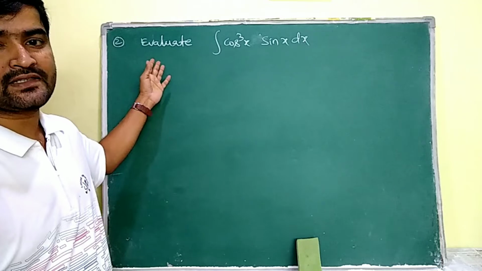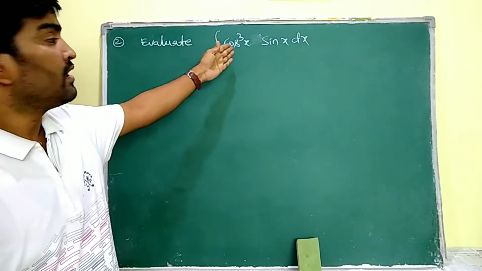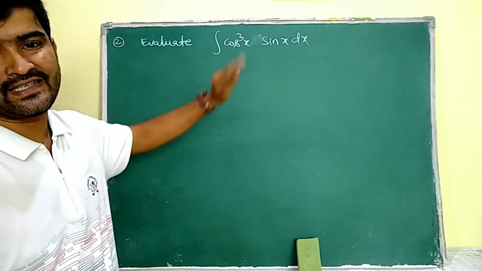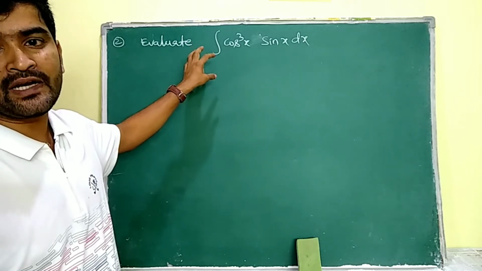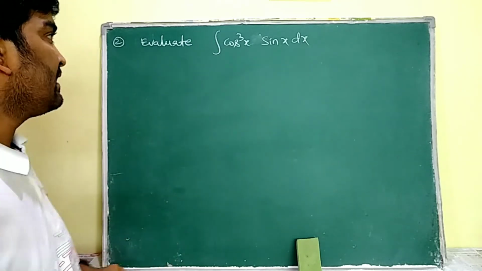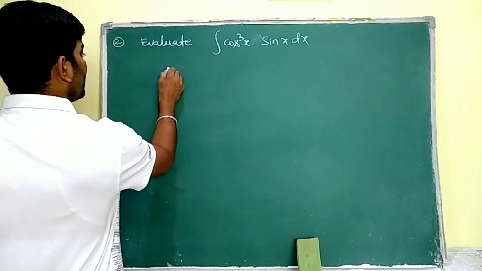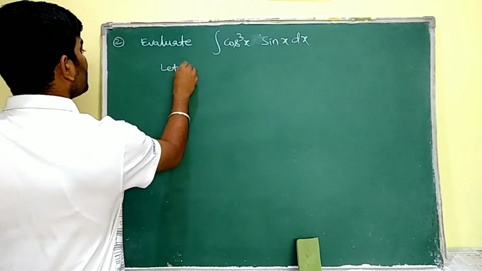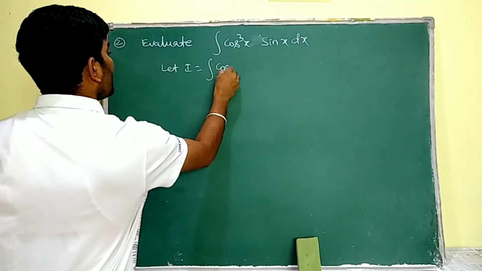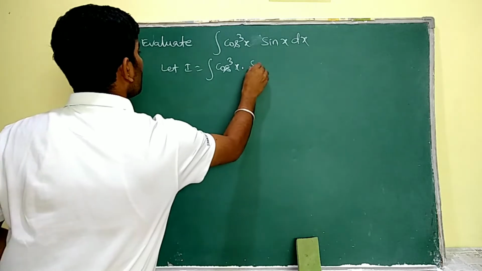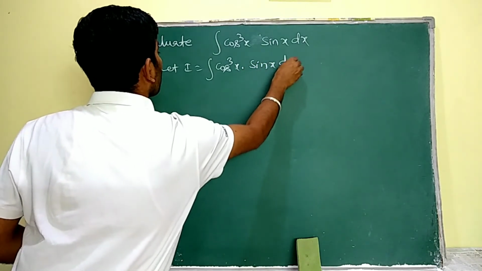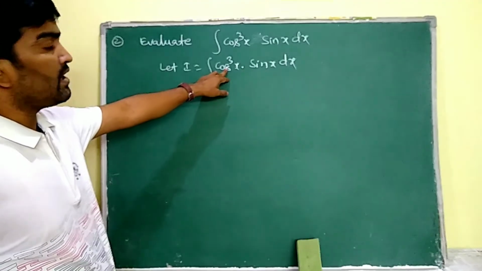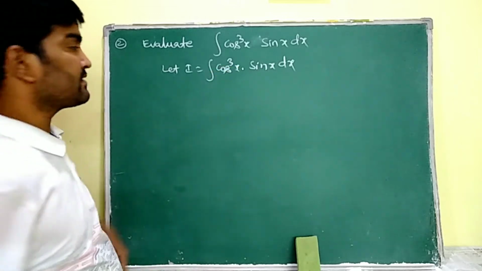See ma, here he asked us to evaluate integral cos cube x into sin x dx. Okay, this problem can be solved in two different methods. See, firstly I am going to let I is equal to integral cos cube x into sin x dx. Okay, here just see cos x derivative is minus sin x, no ma.